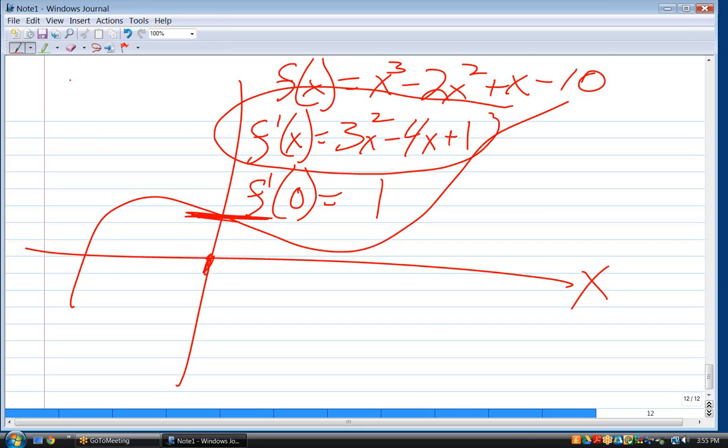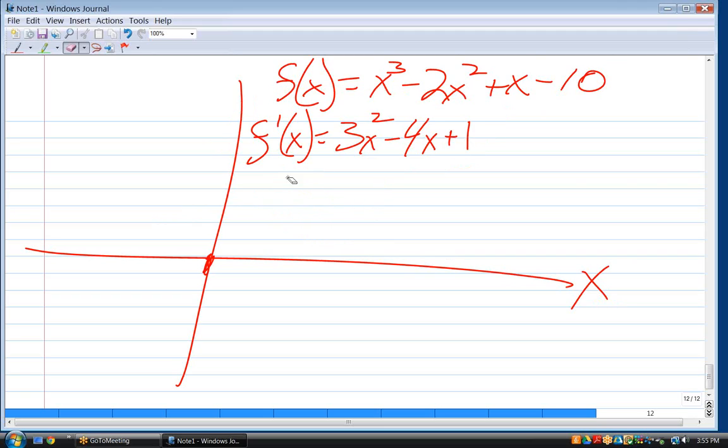I made up this function and I made up this, so this function doesn't necessarily fit this curve. But derivatives are actually quite simple when you're using just the power rule. And you can use the power rule as long as you have nothing but addition and subtraction taking place in a polynomial.